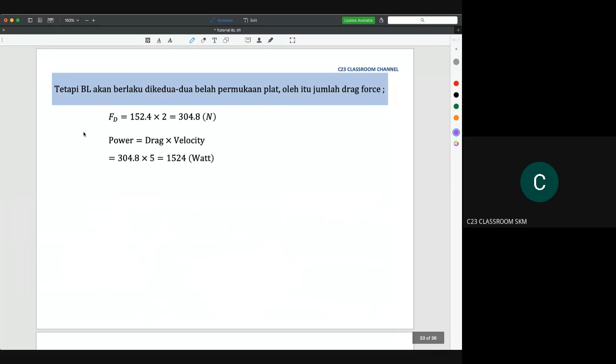So this is the idea, as I said. Because boundary layer occurs at both surfaces, the top and the bottom, we need to times 2. So we get the total force is 304.8 Newton.